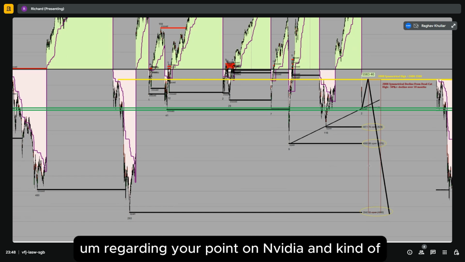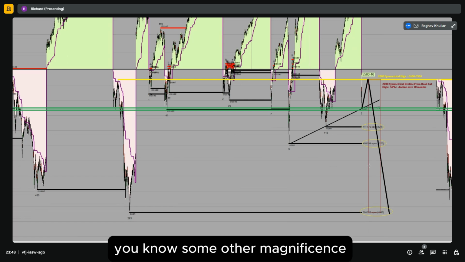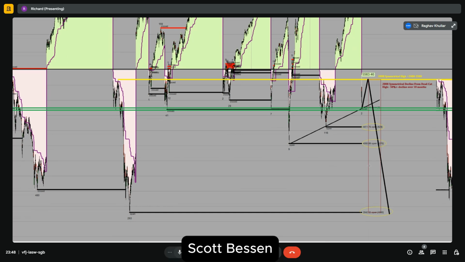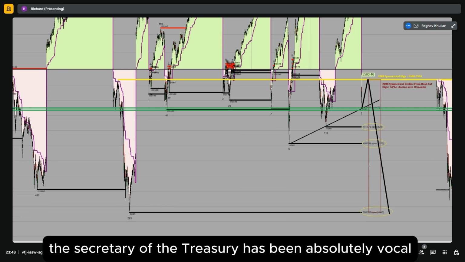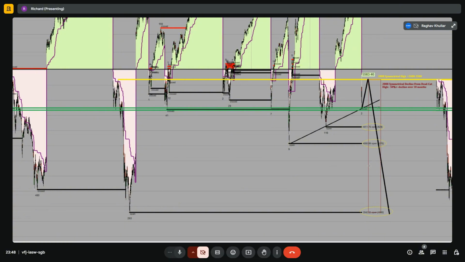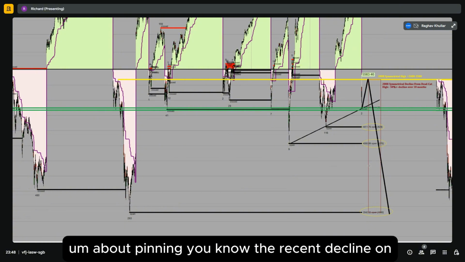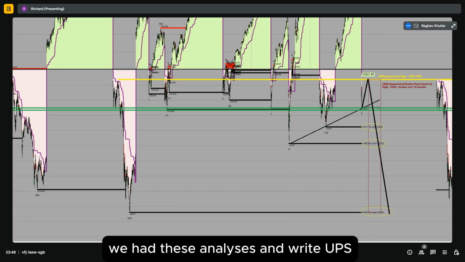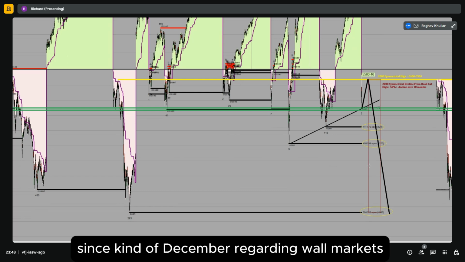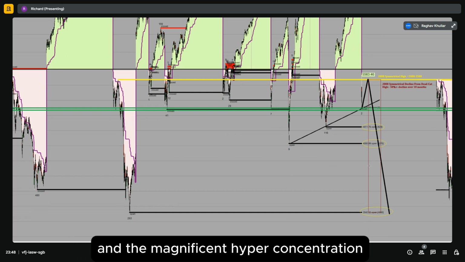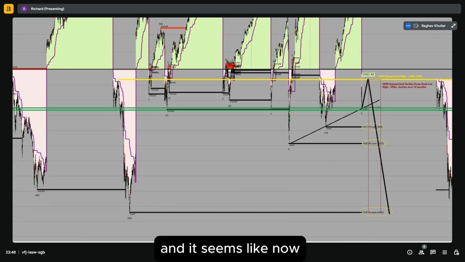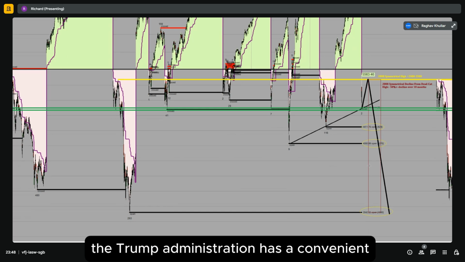Regarding your point on NVIDIA and some other Magnificent stocks, Scott Bessent, the Secretary of the Treasury, has been absolutely vocal about pinning the recent decline on them. We had these analyses and write-ups since December regarding vol markets and the Magnificent hyperconcentration. And it seems like now the Trump administration has a convenient scapegoat to blame for the market decline.